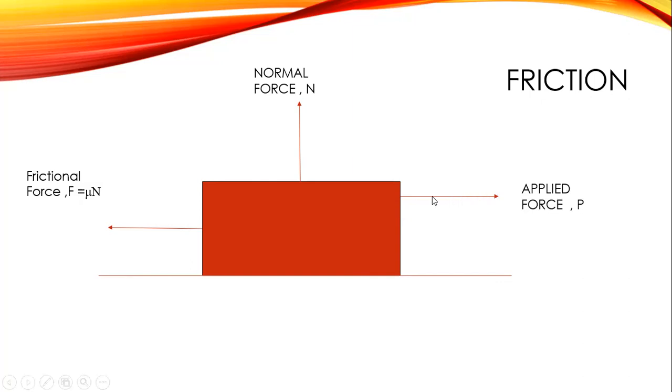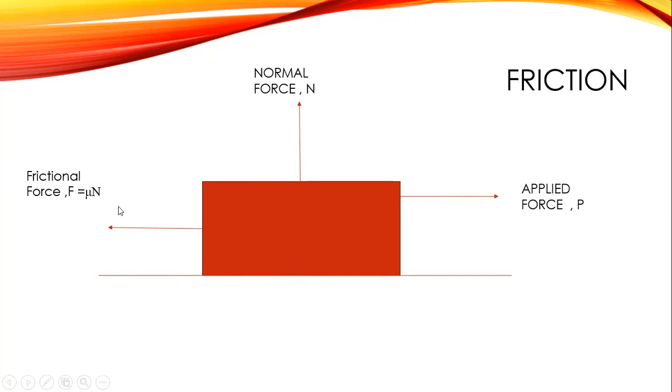Due to the applied force, friction is induced between the lower surface of the object and the flat surface, so some amount of force is generated. That frictional force is equal to mu, where mu is the limiting value of proportionality, the coefficient of friction.